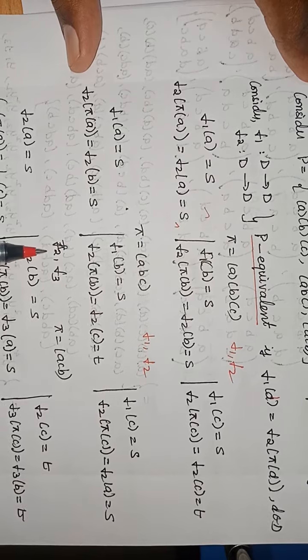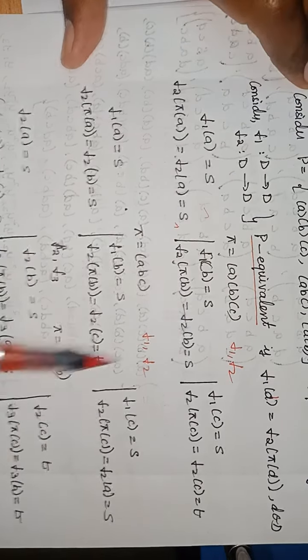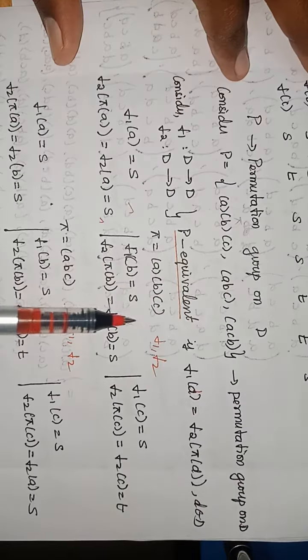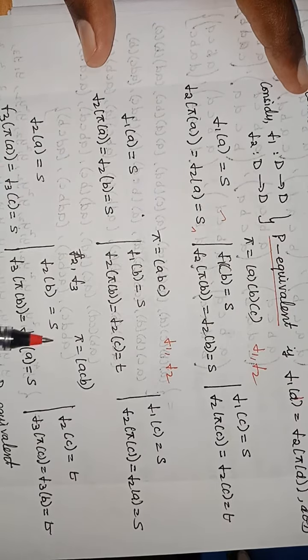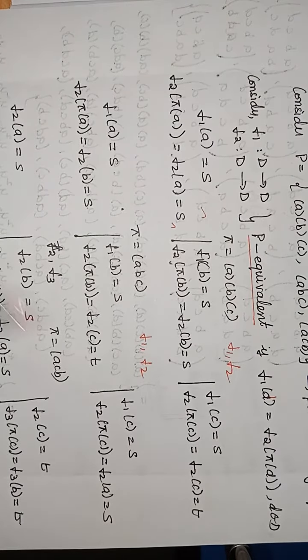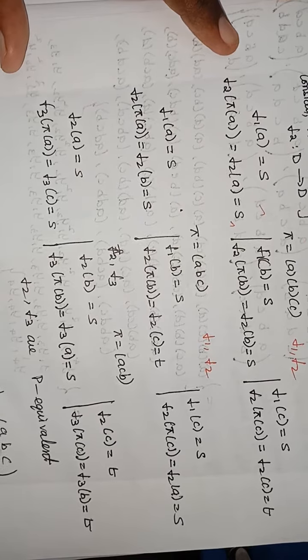Now I try the two functions f2, f3 and pi is ACB. For this, at all the 3 points in D, the condition is true. Therefore, f2 and f3 are P equivalent.